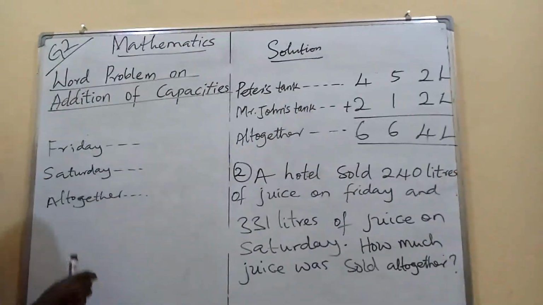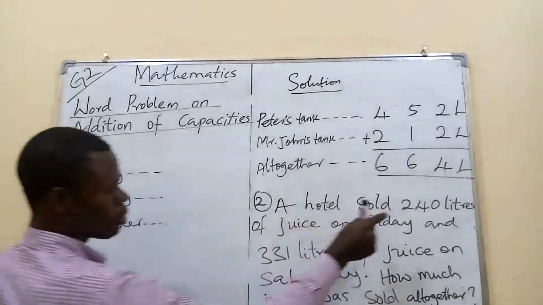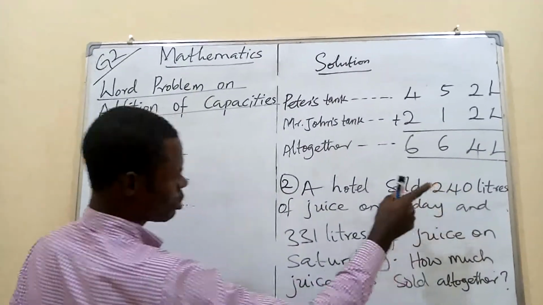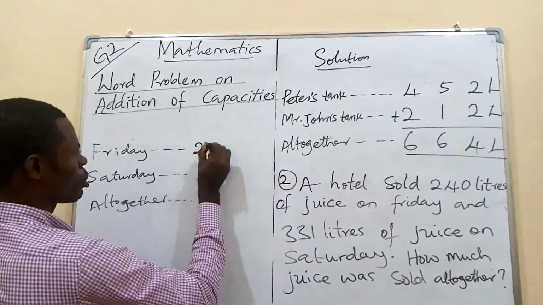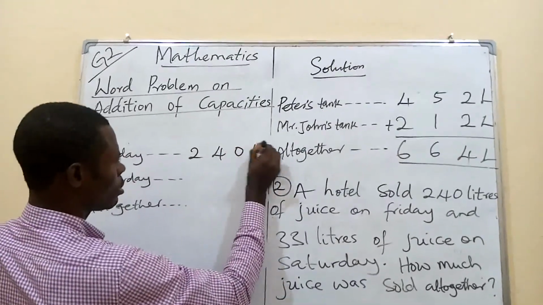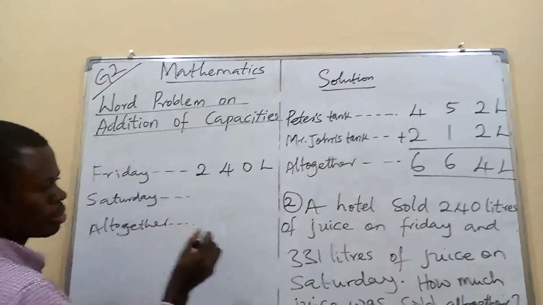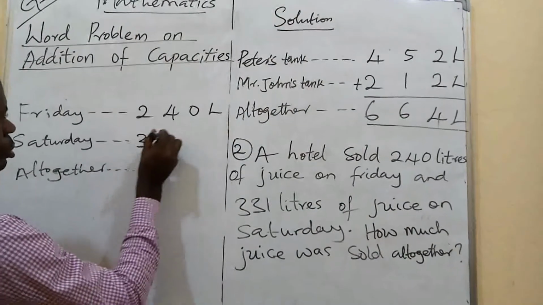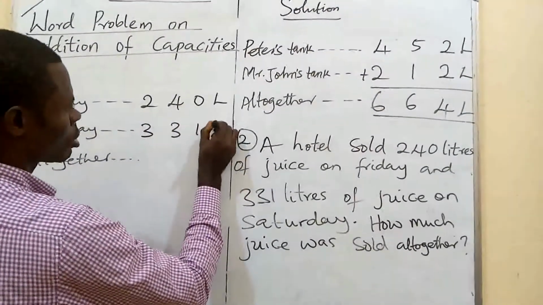Alright? So now we have here Friday. The quantity of juice that was sold on Friday was what? 240 liters. So we have here 240 liters of juice sold on Friday, and Saturday, 331 liters of juice was sold on Saturday.